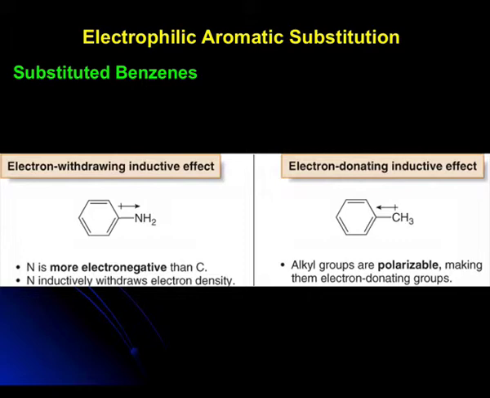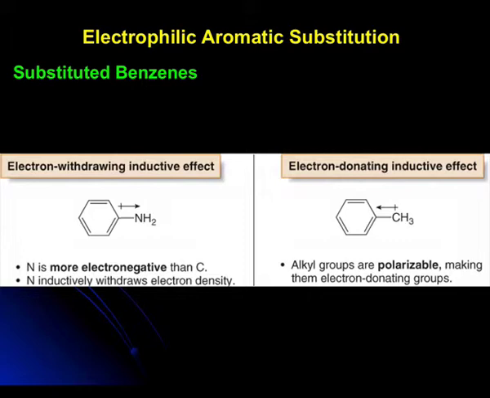And now I can see that those electrons have been delocalized into the ring. Can I draw more resonance structures than this? Yes. I can push. And I can draw another one.